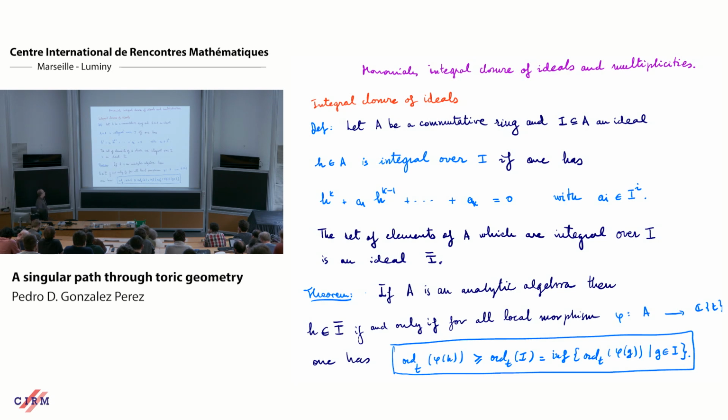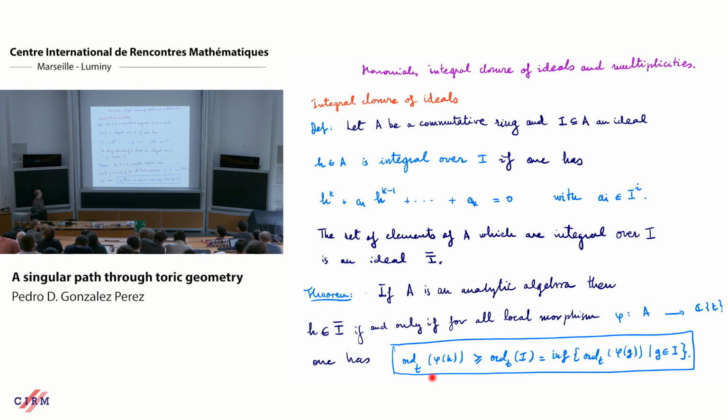But what I recall from this work of his is that if we have an analytic algebra, then belonging to the integral closure of an ideal can be expressed as a condition in terms of all local morphisms from the ring to the ring of power series in one variable, which is given by this condition.